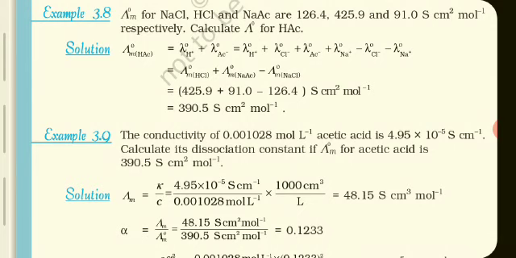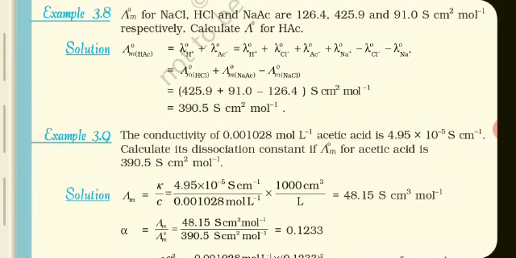Then lambda 0 H plus and lambda 0 Cl minus can be written as molar conductivity of HCl, and lambda 0 Ac minus ion and sodium ion can be written as sodium acetate, which is 91, and minus lambda 0 Cl minus and minus lambda 0 Na plus can be written as lambda m0 NaCl, and the values of these are given to you already in the question.